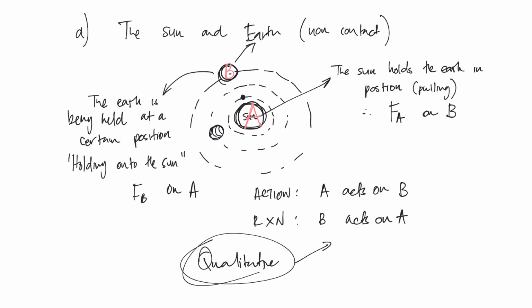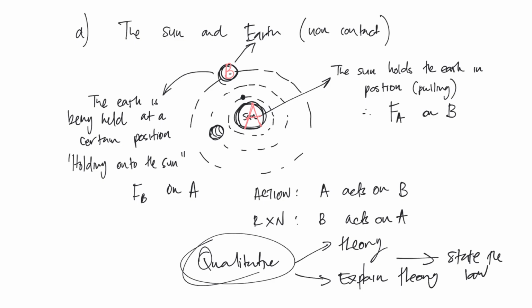And qualitative means we need to know theory and we need to know how to explain the theory. And we need to know how to state the law. You will need to memorize Newton's third law and be able to explain its links and relevance to certain scenarios. There are no calculations involved in Newton 3.